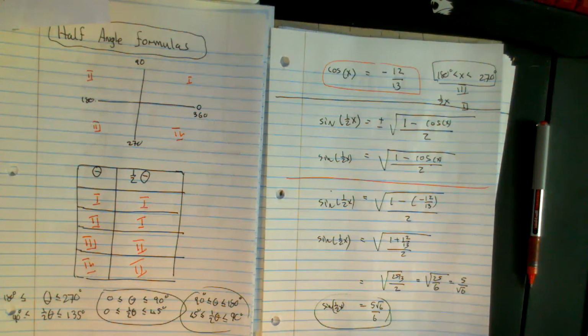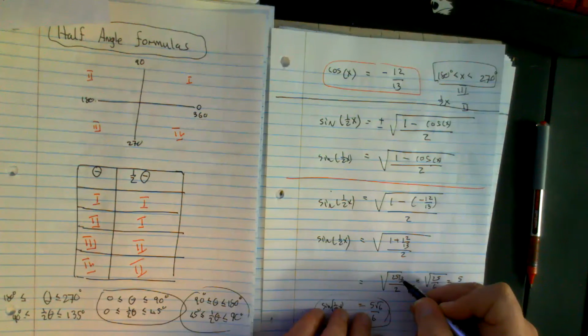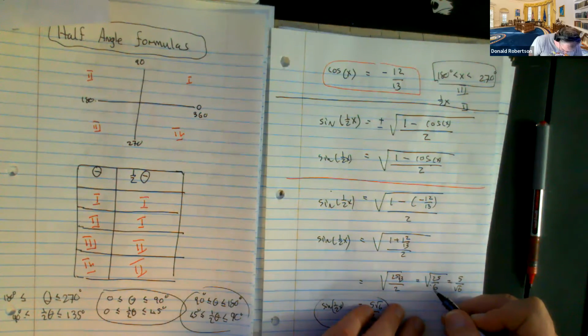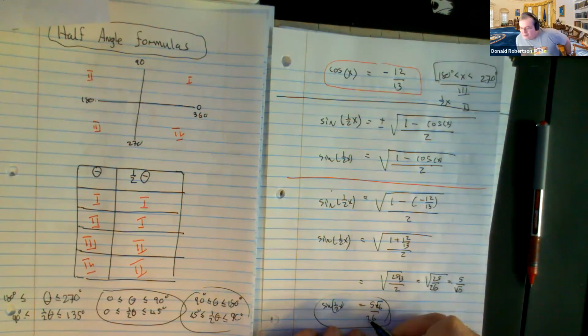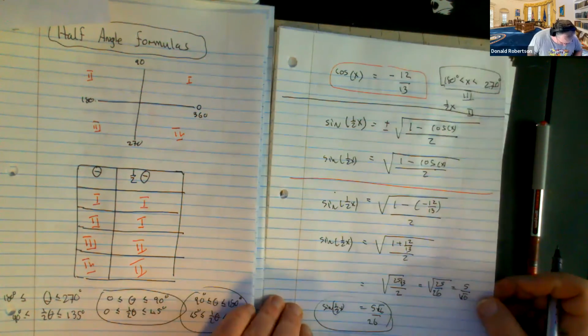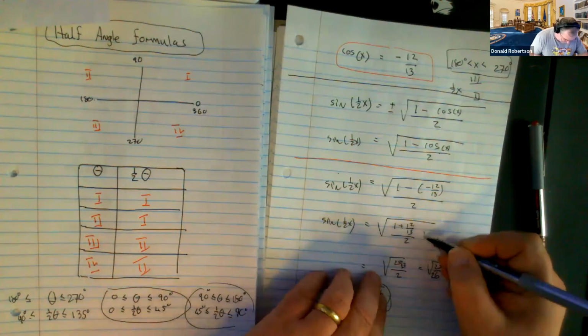Isn't it supposed to be 13ths? 13ths. 5 over 26. Yes. Fix the 13ths. Wait, so I'm just confused on how we get from 1 plus 12 over 13 divided by 2 to the next. From here to here? Right, let me write that down.